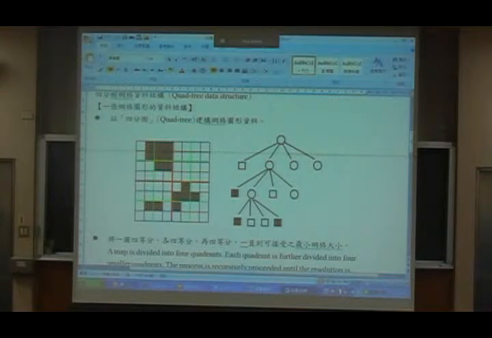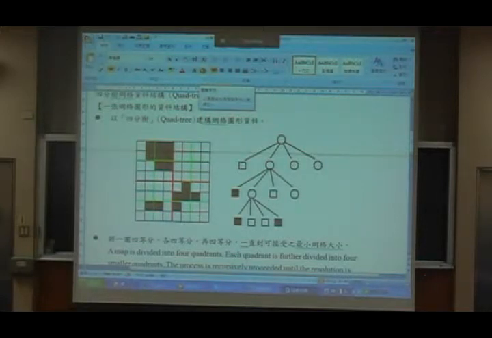Also, if we rotate by 45 degrees or 30 degrees, then the tree is totally different. You have to reconstruct it. So the portrait is very sensitive to orientation, direction, or origin.